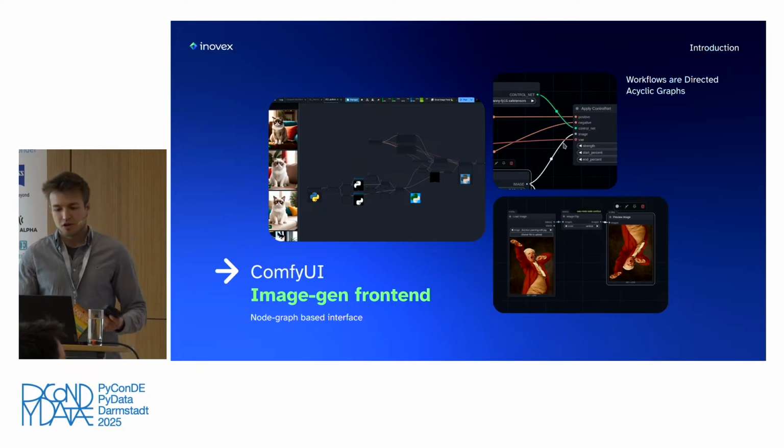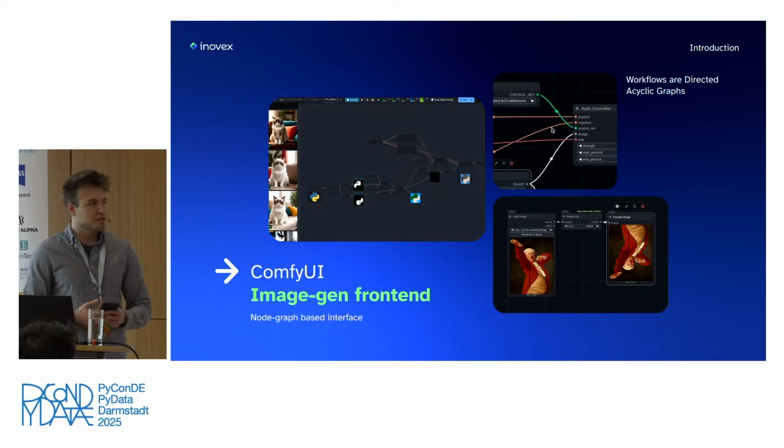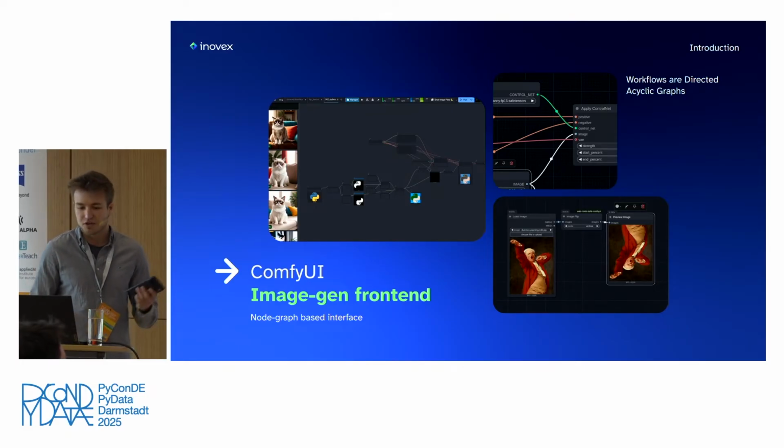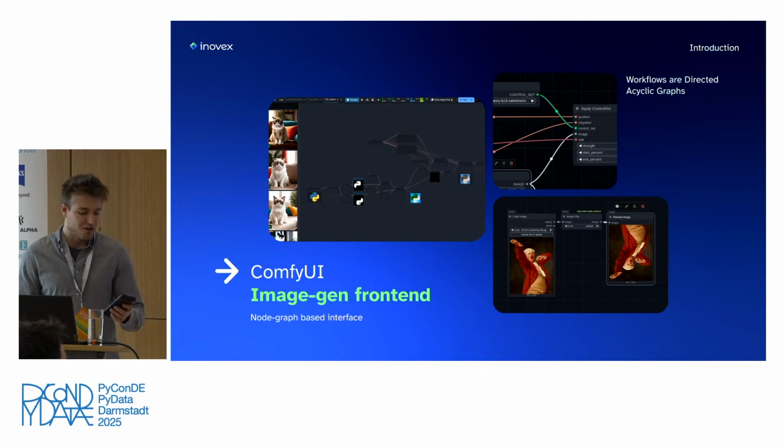Because of that, creating plugins for it is very easy. It's basically just a function: you have inputs, you have outputs, and you do something in between. Because of that, there's already a ton of plugins available, which is very nice. So if you want to use cutting-edge technology or features that are not implemented right now, there's a plugin available, for sure.